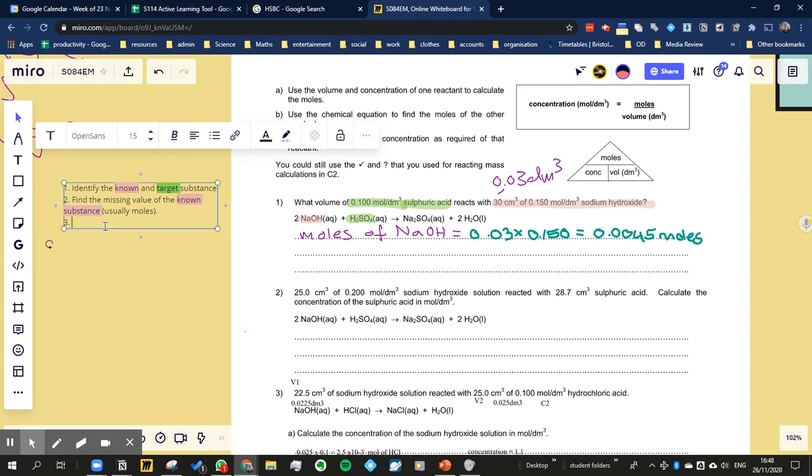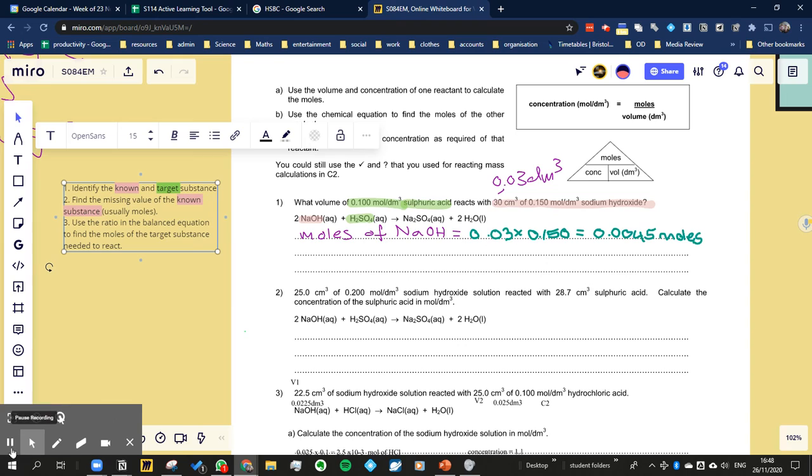Now, what you'll do then is use the ratio in the balanced equation to find the moles of the target substance needed to react.